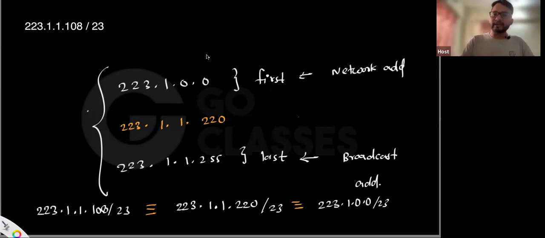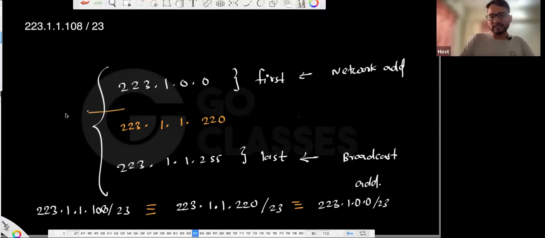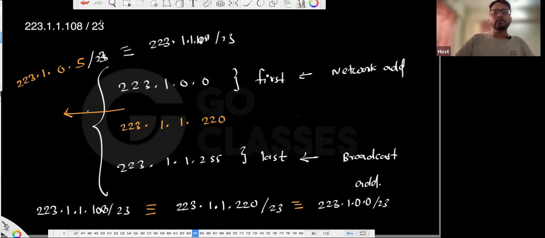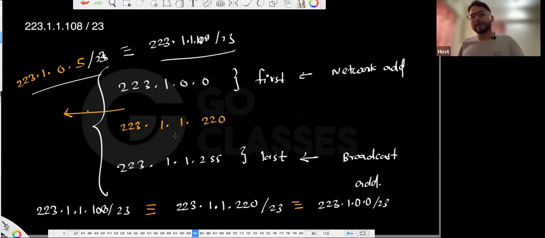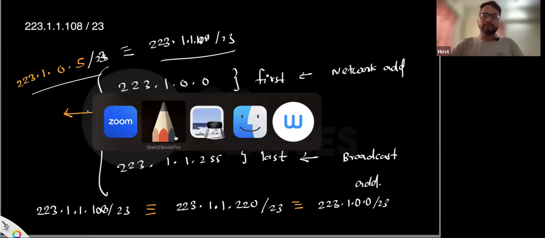Maybe let's pick 223.1.0.5, which is in this network, with /23. This also represents the same thing. So you can take any IP address from this range and just apply /23, and it will represent the same network, right?